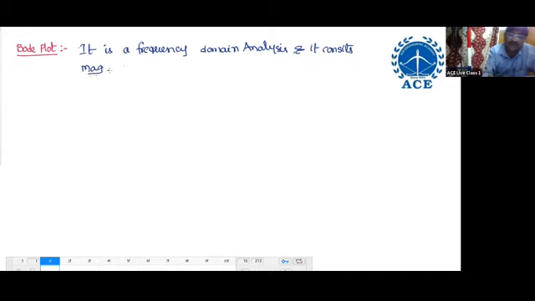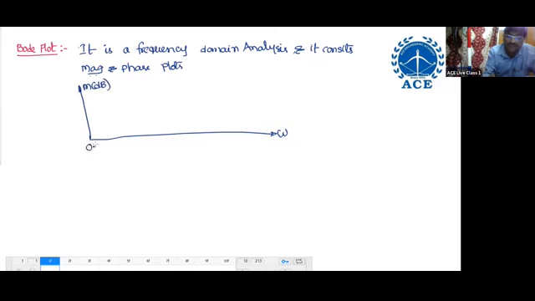I told this in the last class also. What is the magnitude plot? Magnitude versus frequency, with magnitude in dB.